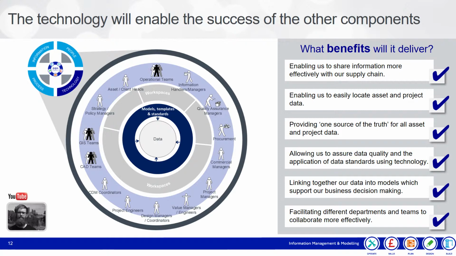The benefits it will deliver include enabling us to share information more effectively with our supply chain, enabling us to easily locate asset and project data, providing one source of the truth for all asset and project data, allowing us to assure data quality and the application of data standards using technology, linking together our data into models which support our business decision making, and facilitating different departments and teams to collaborate more effectively. The video we will now watch puts the CDE into context of meeting the standards.